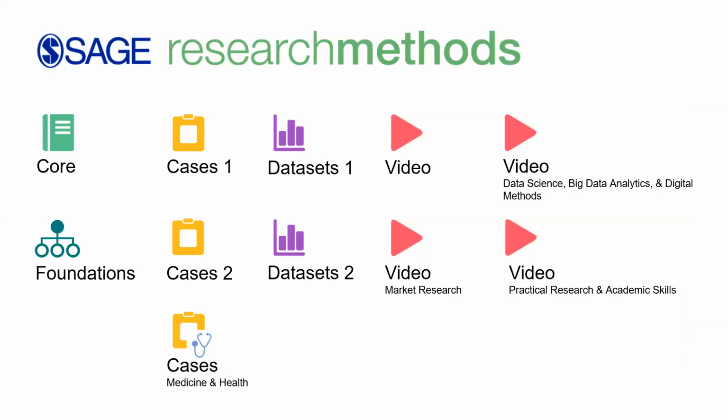The next slide here just gives an overview of the 11 different modules which currently make up the SAGE Research Methods collection. Universities can subscribe to these in any combination and in any number. So you may only have one, you may have 3, or you may have all 11, and you can choose to subscribe to any of them that you like.